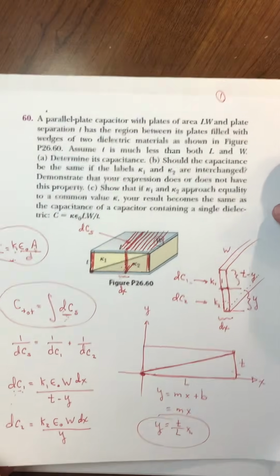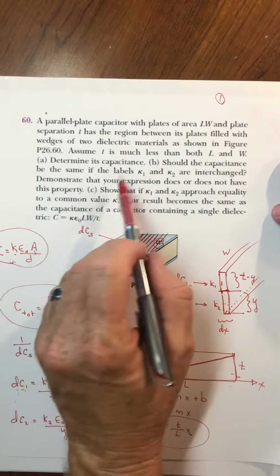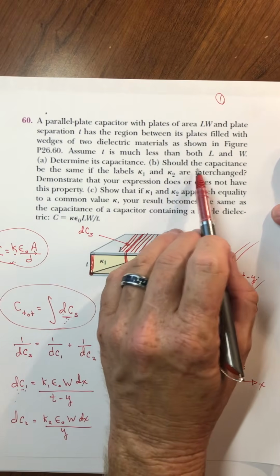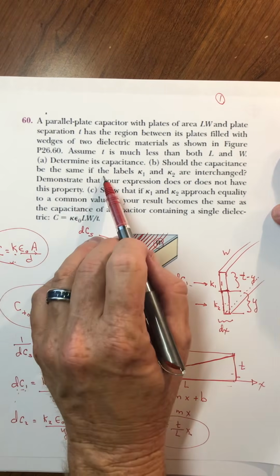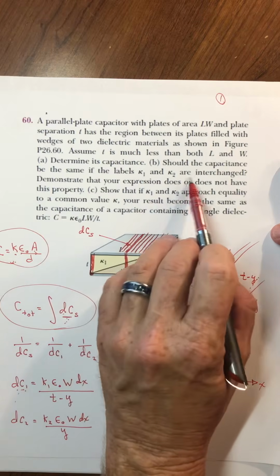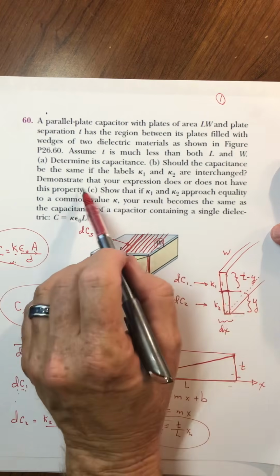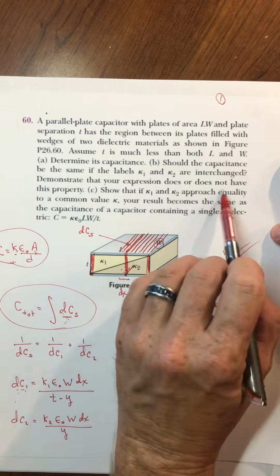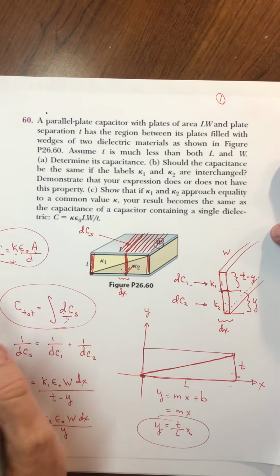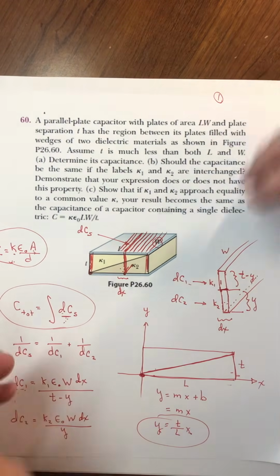And so pulling page 1 here, looking at B, it says, should the capacitance be the same if the labels K1 and K2 are interchanged? Demonstrate that your answer does or does not have this property. Now, I'll start conceptually.